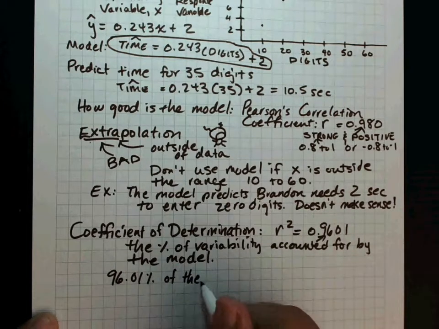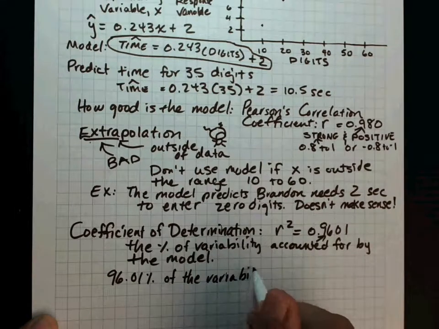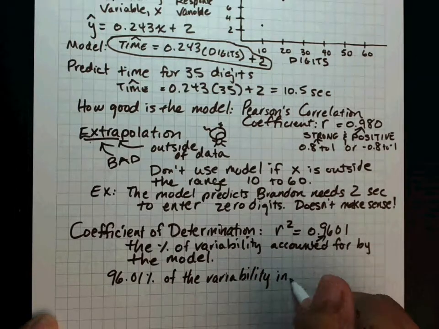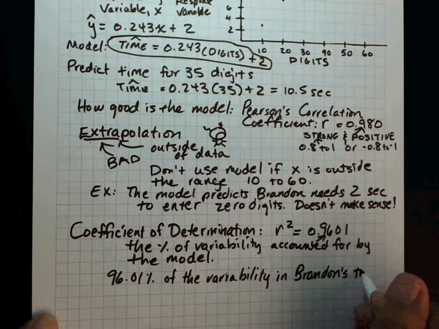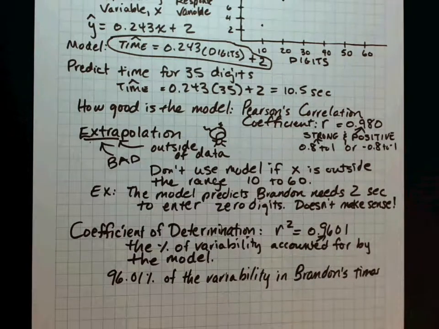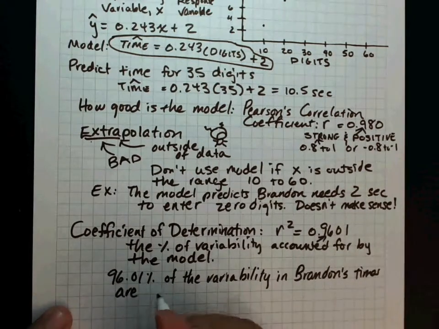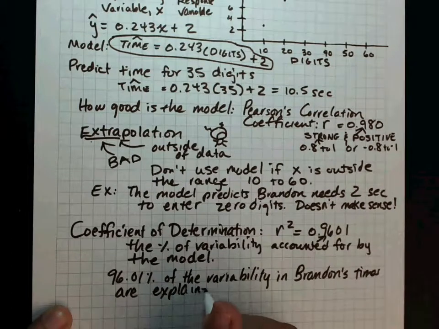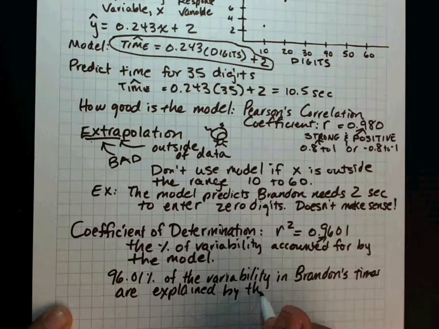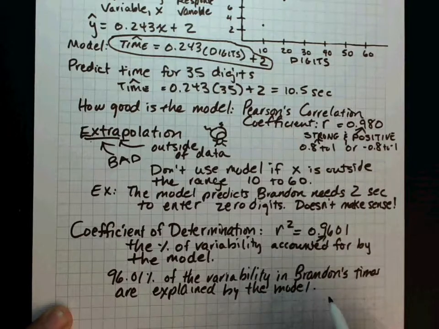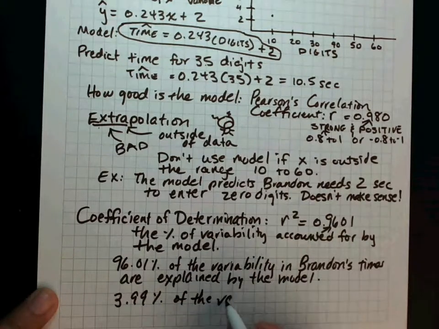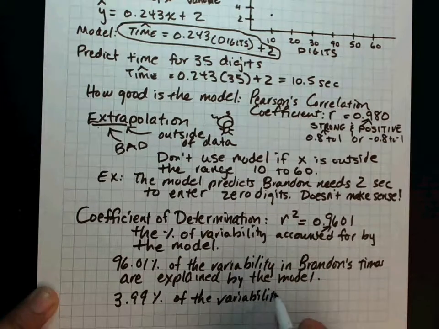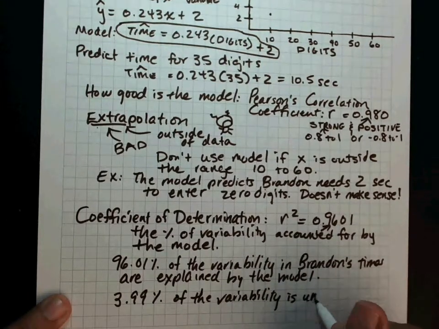Variability in Brandon's times are explained by the model. And 3.99% of the variability is unexplained.